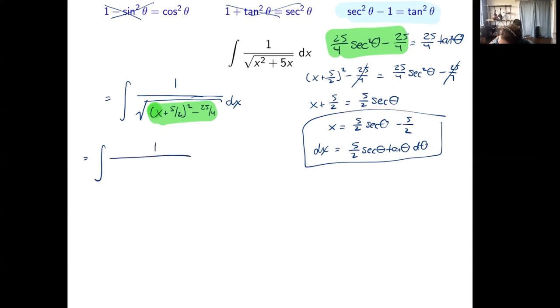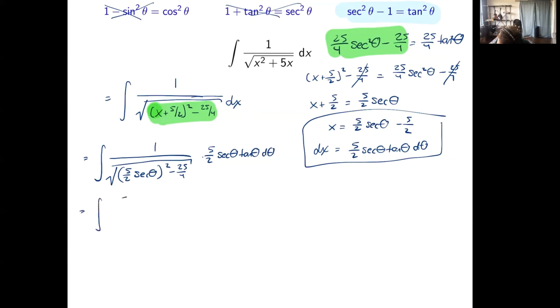So in the denominator, x plus 5/2 is 5/2 secant theta. And then I square it and subtract 25/4. And now dx turns into this term, 5/2 secant theta tangent theta d theta.